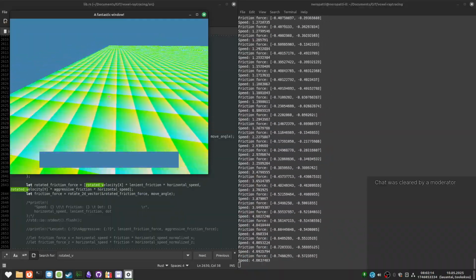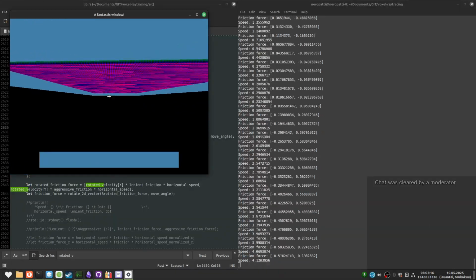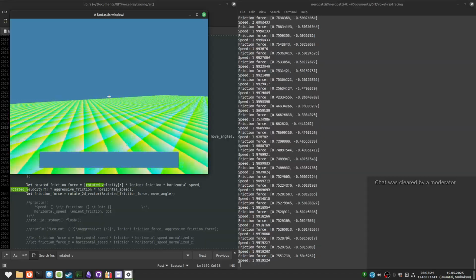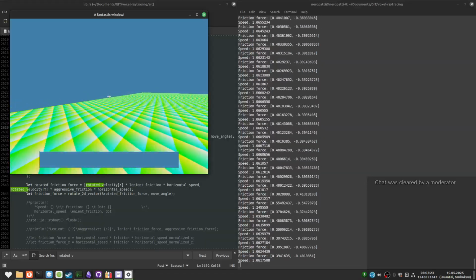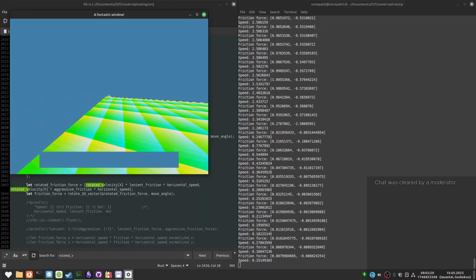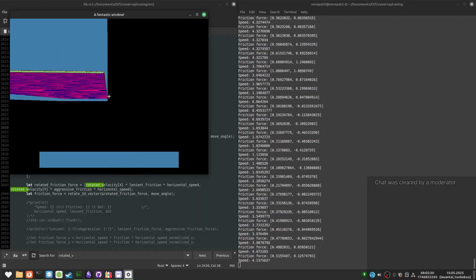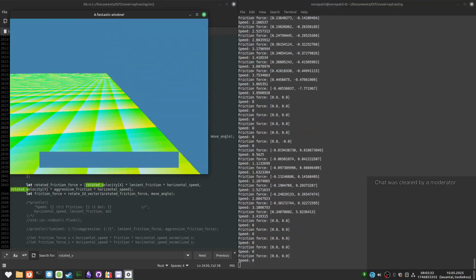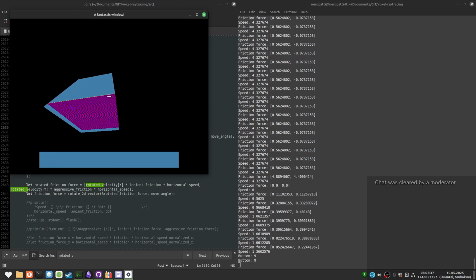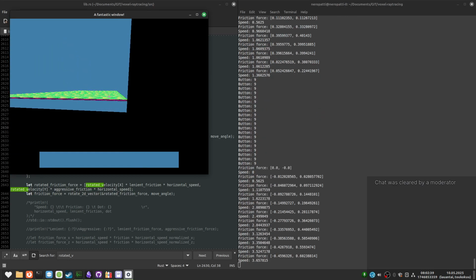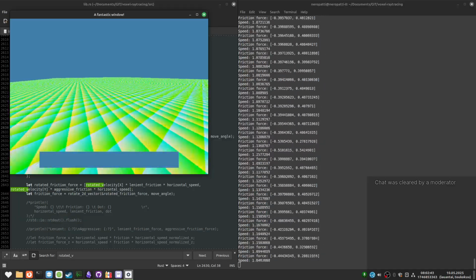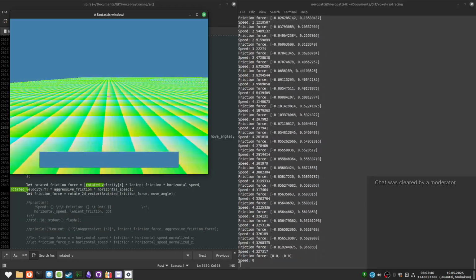For some reason in the air, you get massive movement. As in, you have stronger movement if you're going straight rather than if you go in a diagonal.